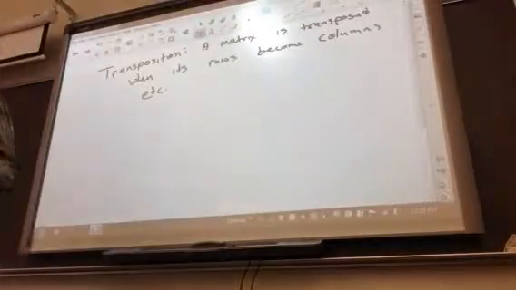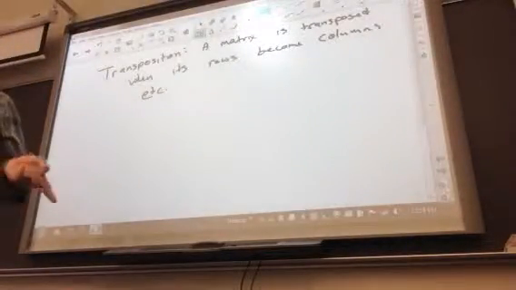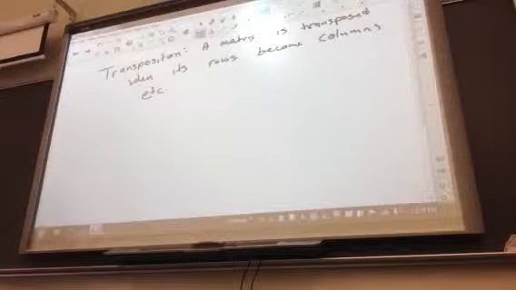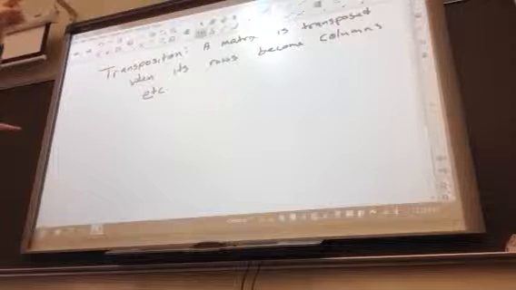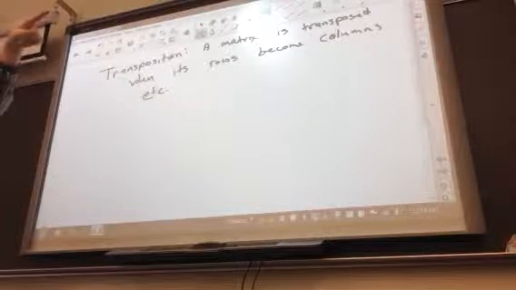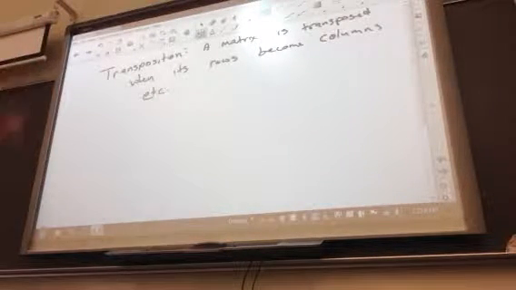Basically, when you make that change, those columns actually become rows. So again, when you transpose, you take the row, it becomes a column, and the columns that you had get switched to become rows.